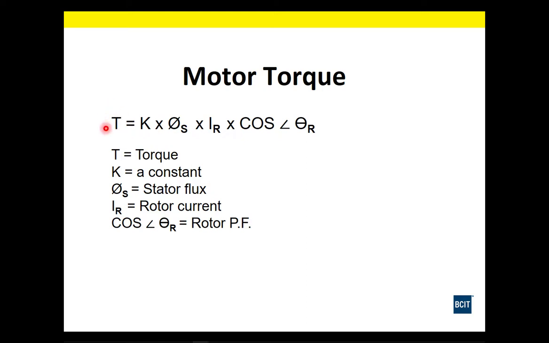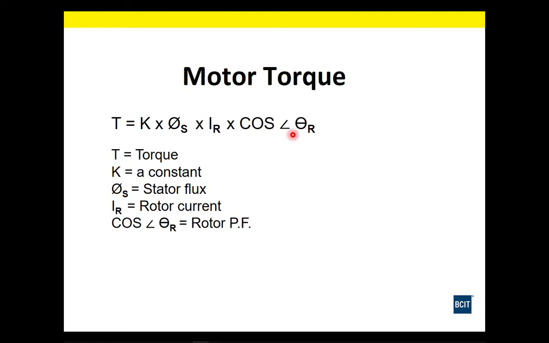We have our torque on our motor shaft, equal to a constant, which is the construction constant for the motor, multiplied by the flux strength of our stator, multiplied by our current in our rotor, and then the power factor of the rotor.